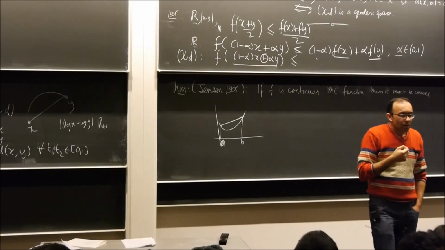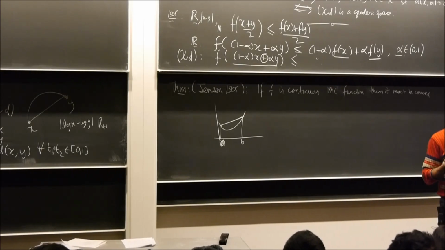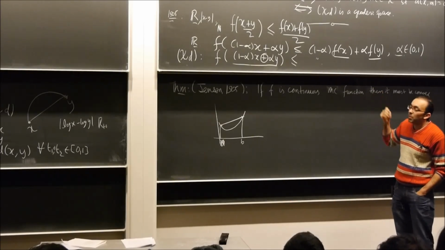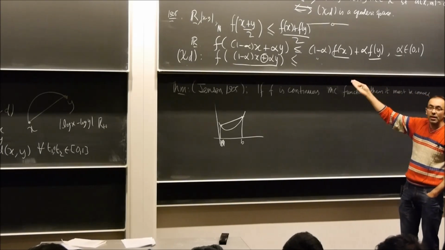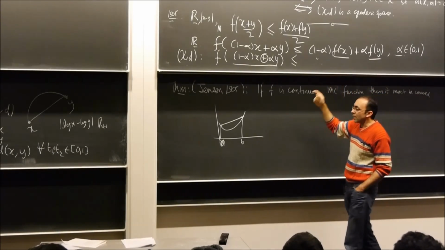And to show this, a strategy could be to assume that it is continuous and midpoint convex but fails to satisfy the full inequality.